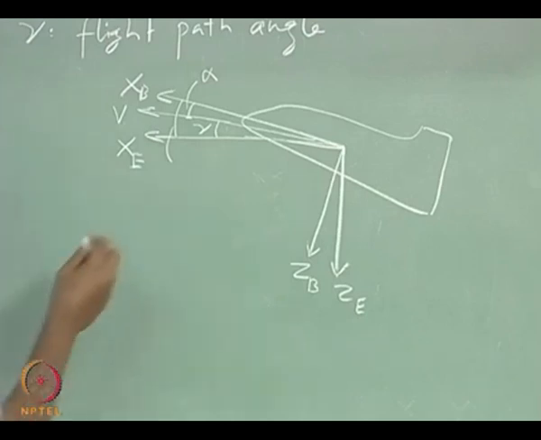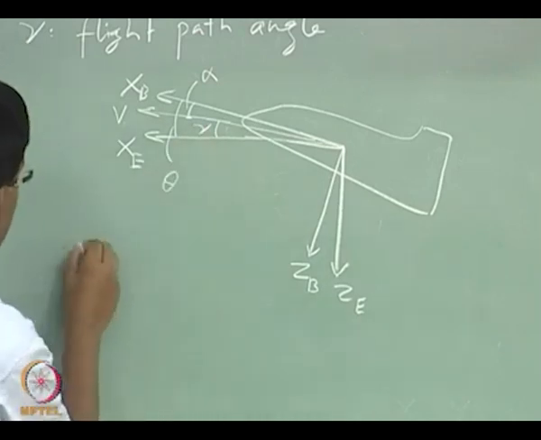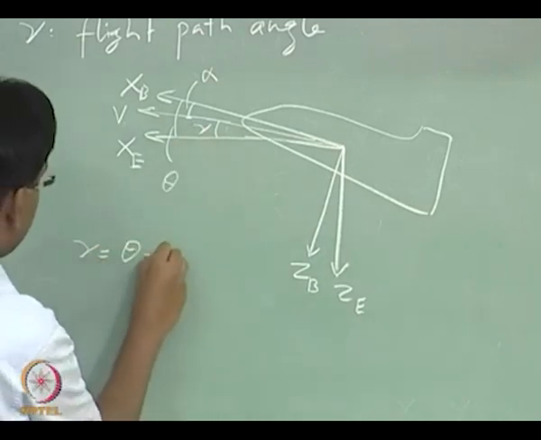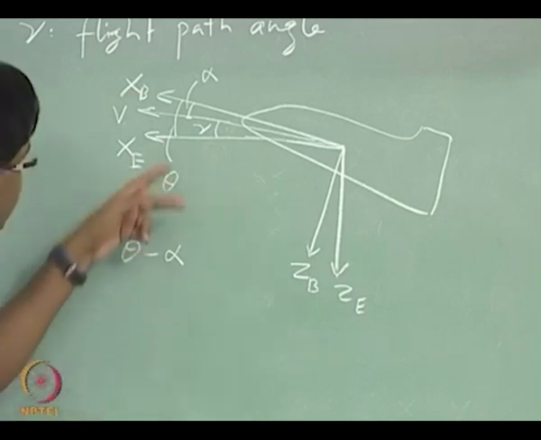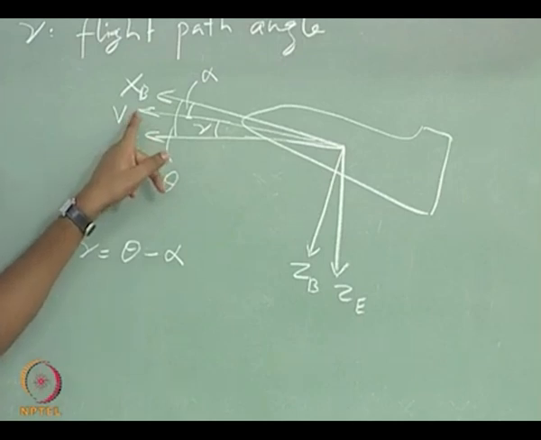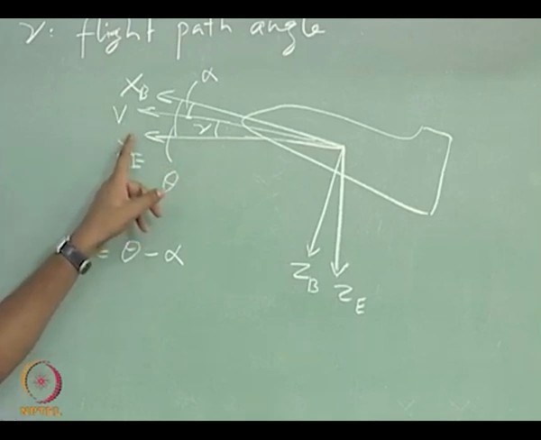So, this angle is theta. Okay. So, in this 2D plane you can see that gamma is nothing but theta minus alpha, right. So, in this 2D plane it's actually the angle between the velocity vector which is wind fixed, right, and the earth fixed x axis, right.